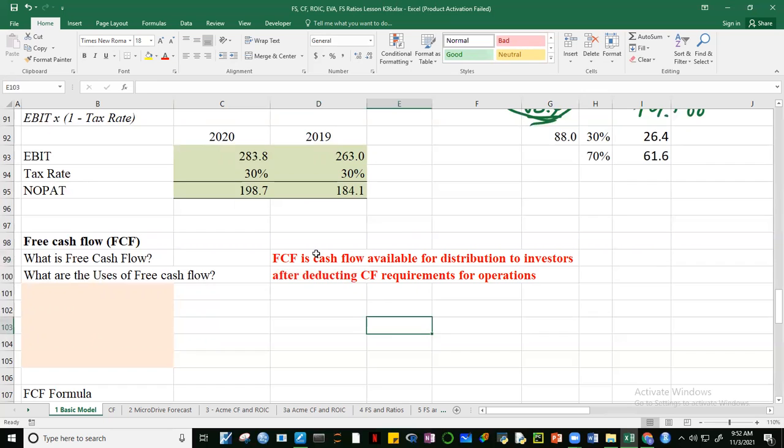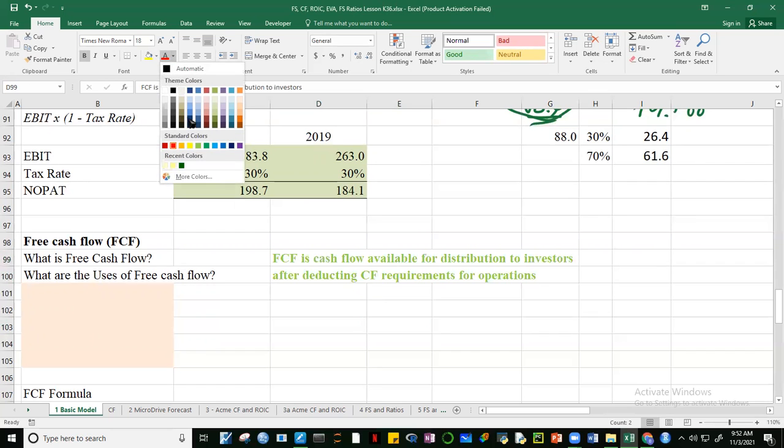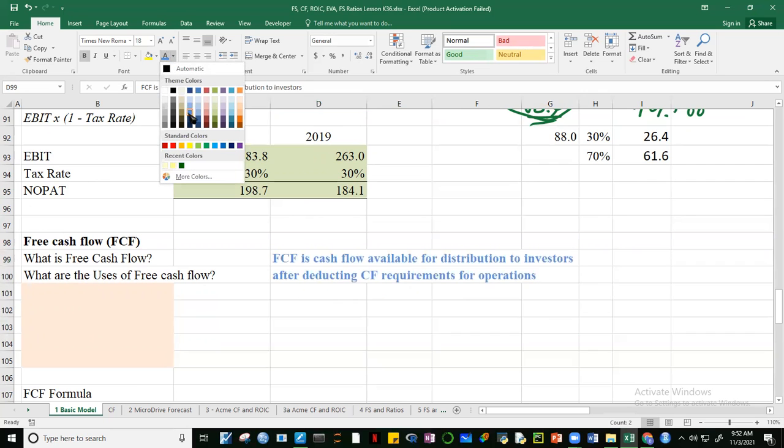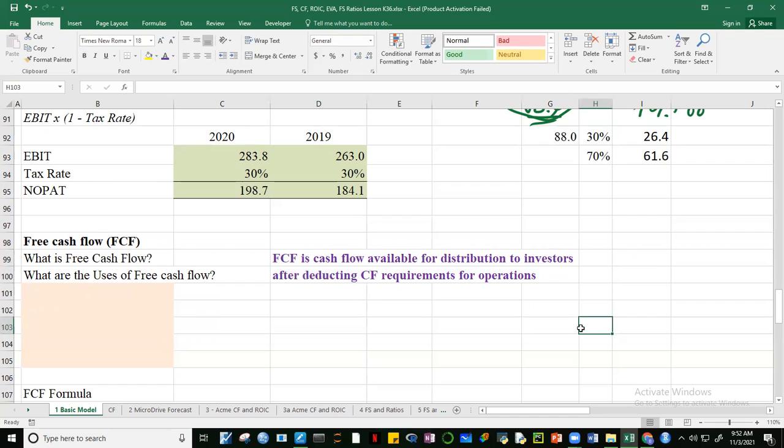So free cash flow is cash flow available for distribution to investors after deducting cash flow requirements for operations.